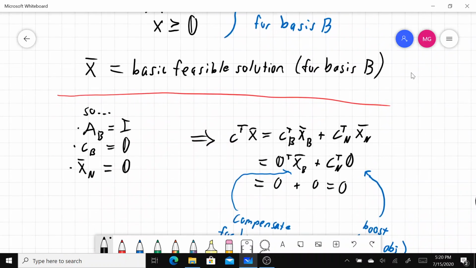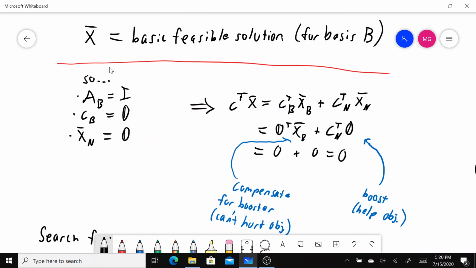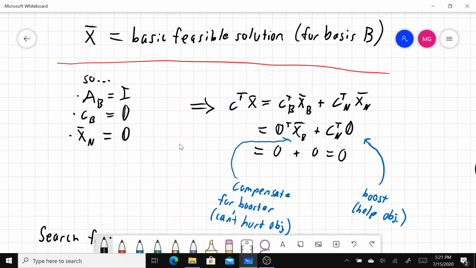So yeah, and what does that mean? We're in canonical form for this basis B, so that means that the submatrix of A indexed by the basic columns is the identity matrix, and the basic components of c are all zeros. And then because x bar is the associated basic feasible solution for that basis, all the non-basic entries of that vector are zeros.